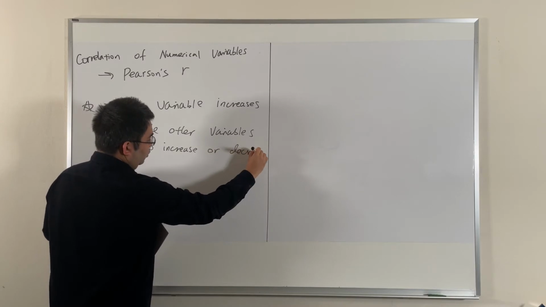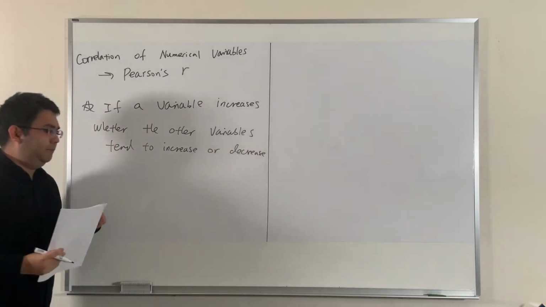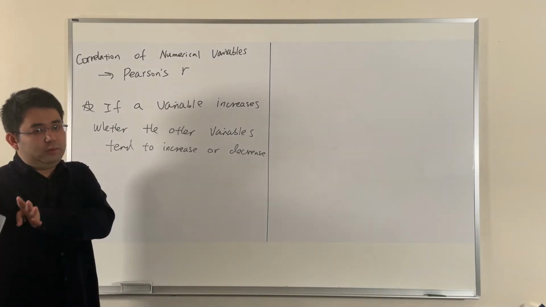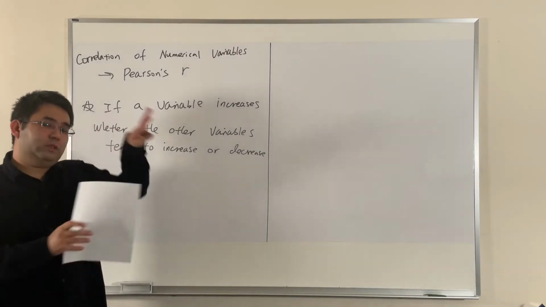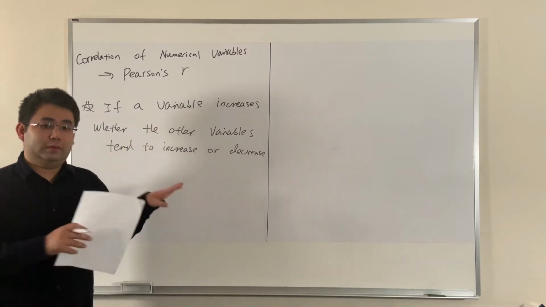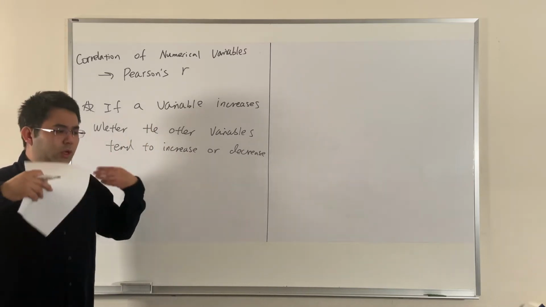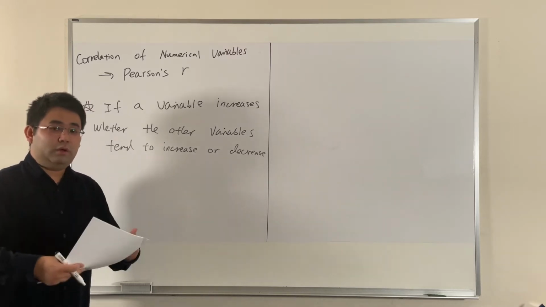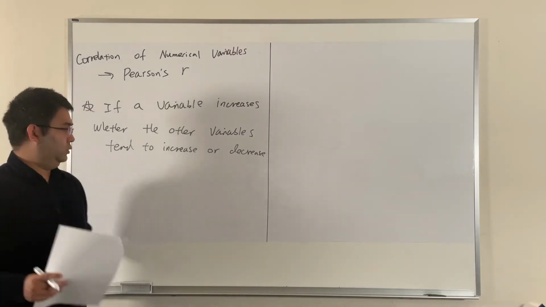So we are asking, if one variable's value goes up, whether the other variables tend to go up with this variable or tend to go down with this variable. And at that point, we are answering the question about how these two numerical variables are correlated together.